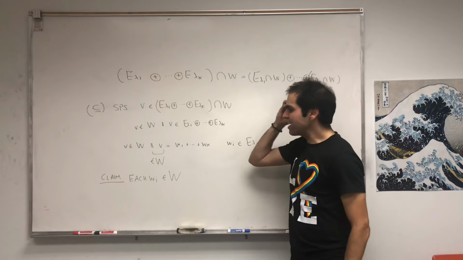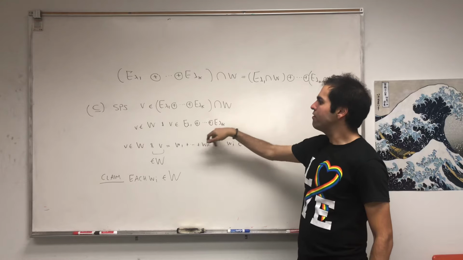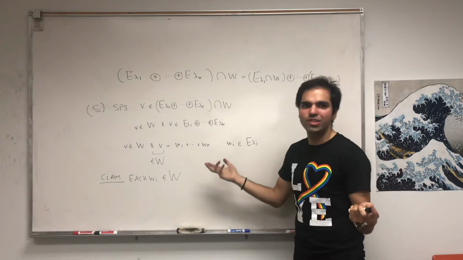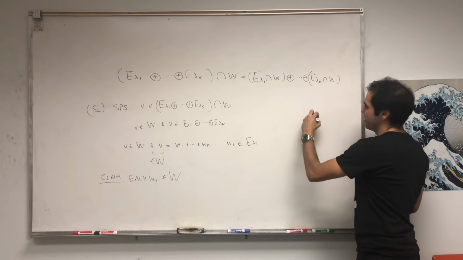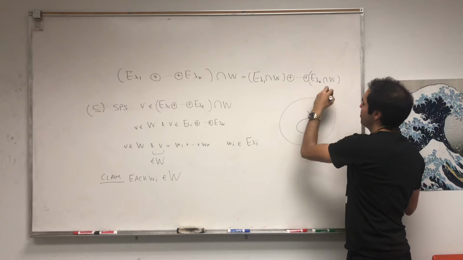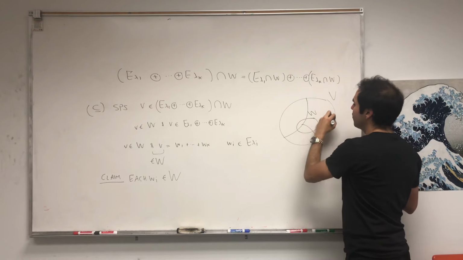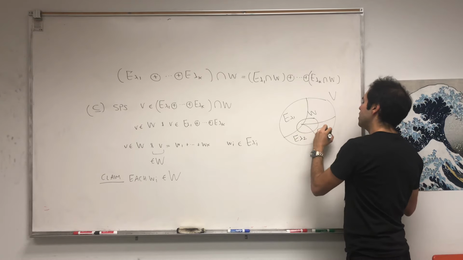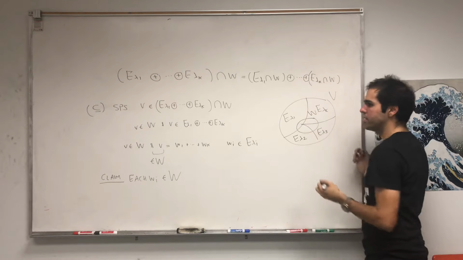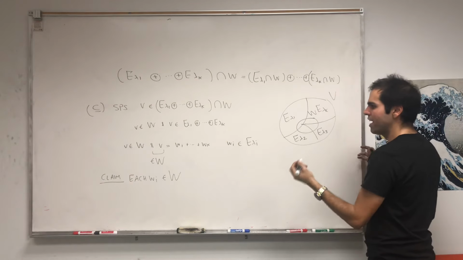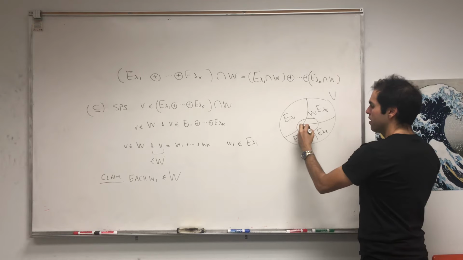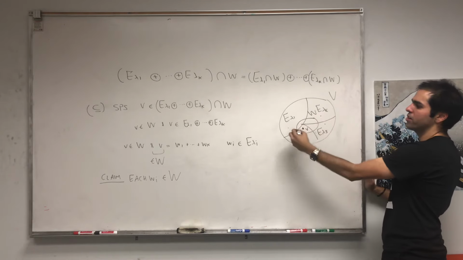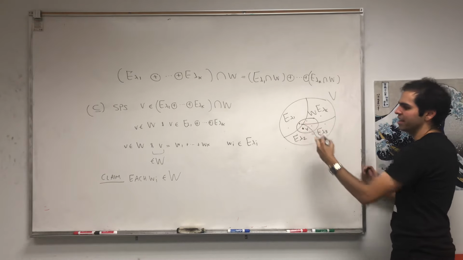If you have a vector in W and you write it as a sum of vectors in the eigenspaces of V, it turns out each of those components is also in W. You have this little picture: W, let's say this is V, and you know it's a direct sum of the eigenspaces E lambda 1, E lambda 2, E lambda 3, and then E lambda k. If somehow you can write your vector V that's in W as a sum of all those components, then it turns out the components are not outside of W, but actually inside of W.